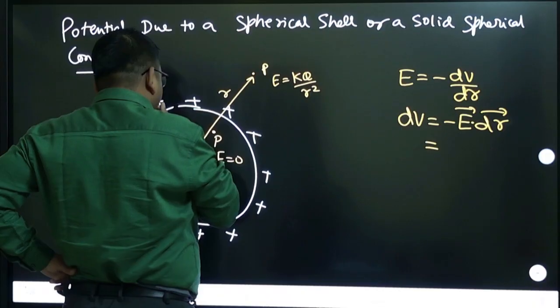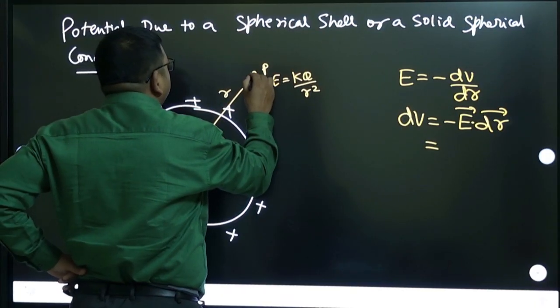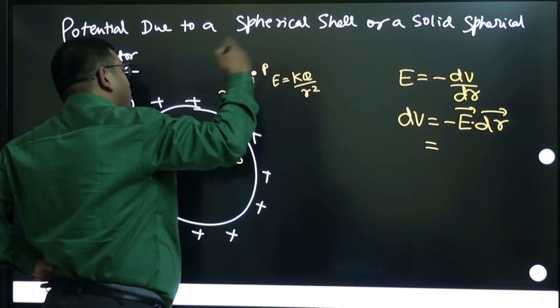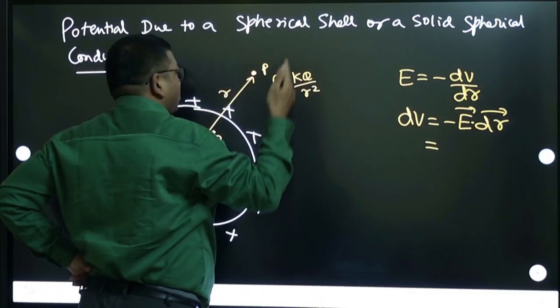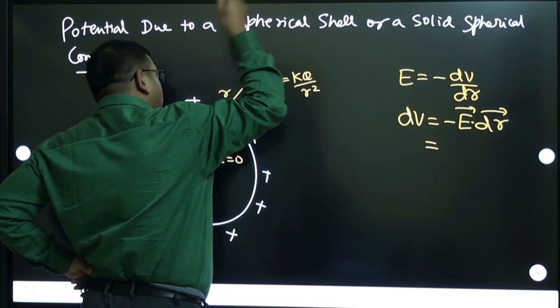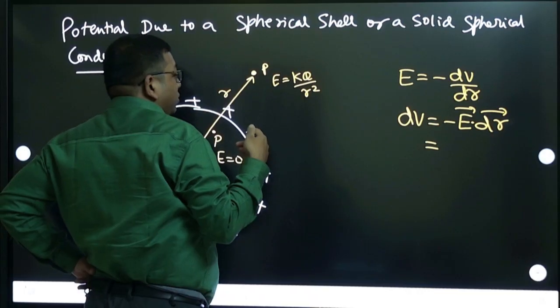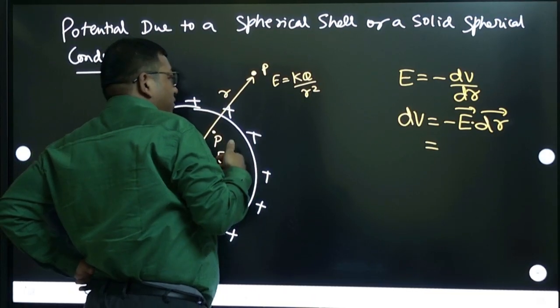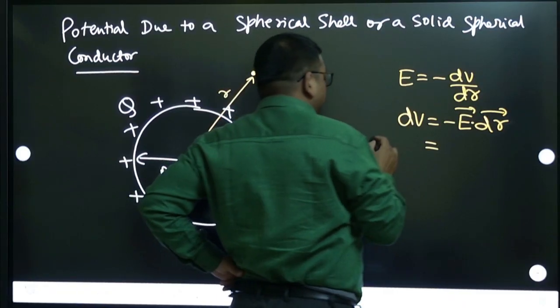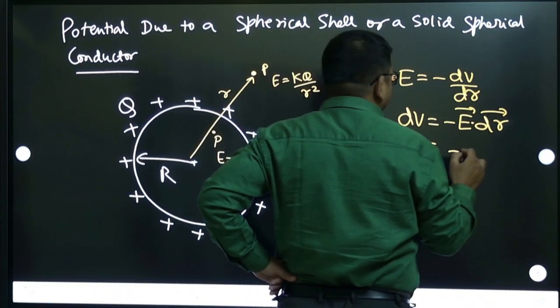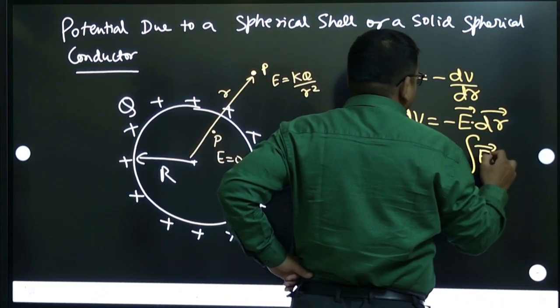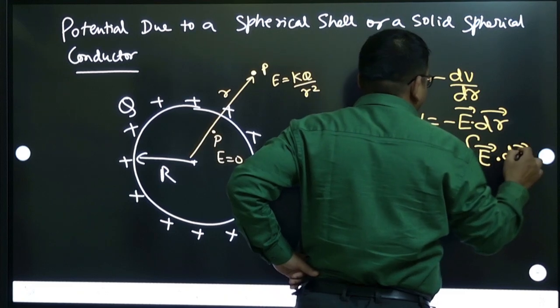Suppose I want the potential at this point, and I can go from infinity to that point. So we have to do integration on both sides, of e dot dr.